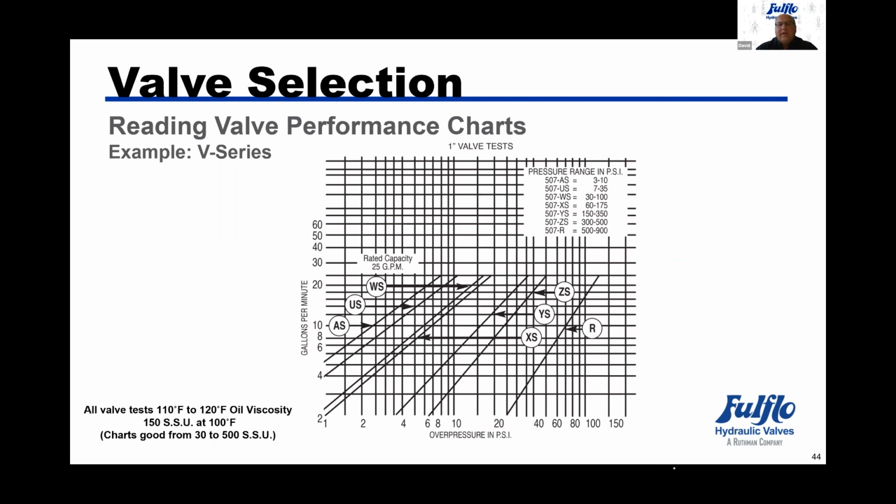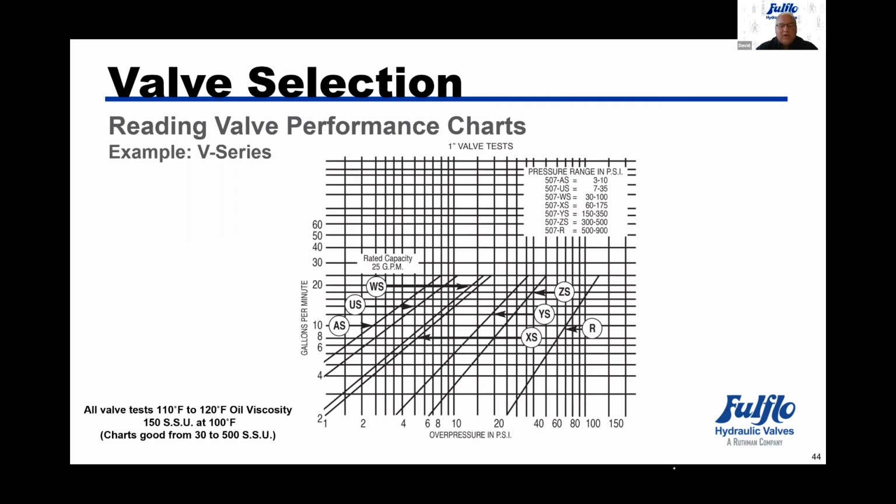You're approximately 16 PSI accumulation pressure. So 16 PSI above the set pressure at which the valve is going to operate. So in this case, if the valve was set at 87 PSI, you're going to be at about 103 PSI when the valve is fully dumping 24 gallons per minute.